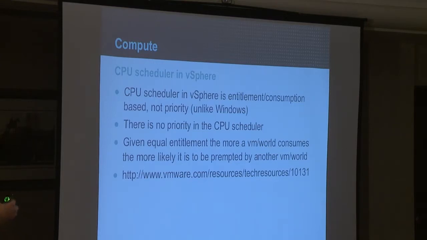And what happens is that vSphere is looking at the shares, the entitlement to that virtual machine, and then looking at the consumption. In fact, the more that a virtual machine consumes, the more likely it is that if another workload needs the physical cores, it will preempt that other virtual machine. So the more entitlement you use, the more consumption you have, the lower basically priority you have on the actual physical cores.